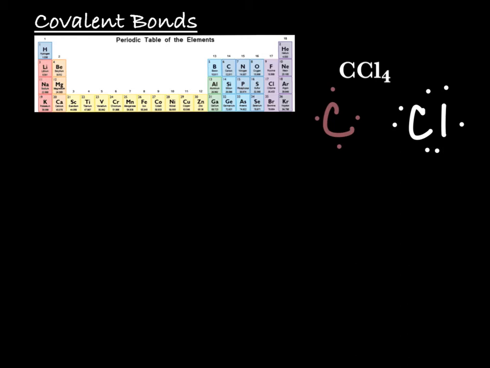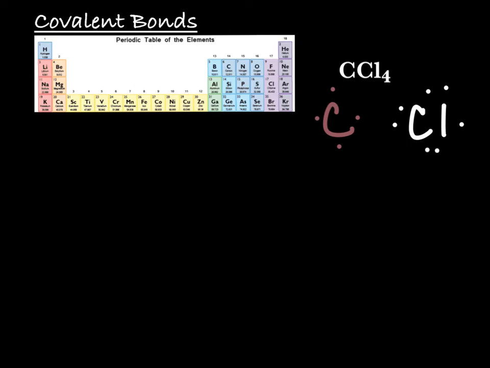Looking at carbon, I can see that carbon has 4 electrons that are all single. They don't have any electrons that are paired up. So that means that carbon is going to form 4 covalent bonds. If I'm looking at chlorine, chlorine only has 1 electron that's unpaired, so it's only going to form 1 bond. But that's okay, because if I look at my formula, I can see that I have 4 chlorine atoms involved there.